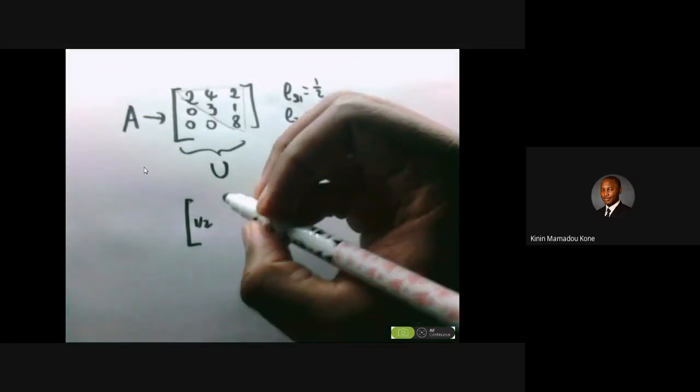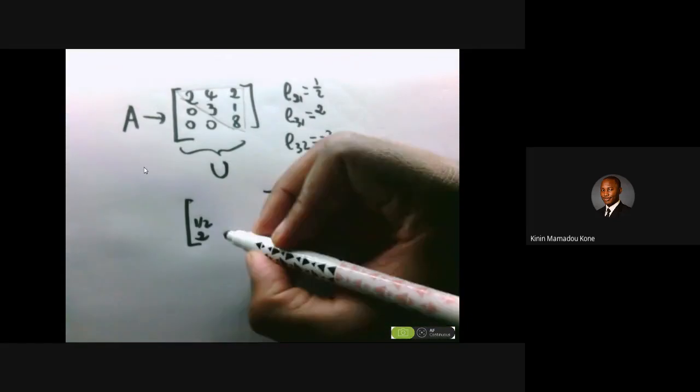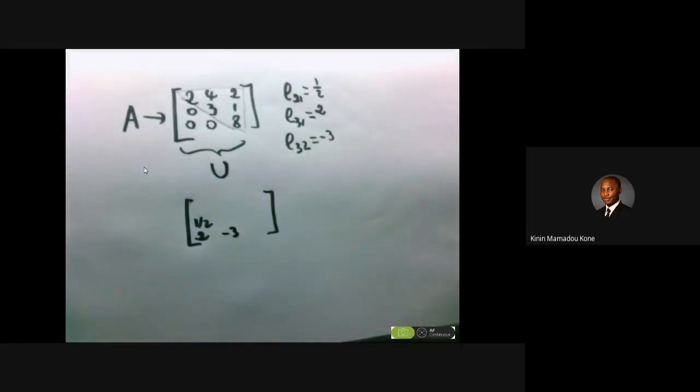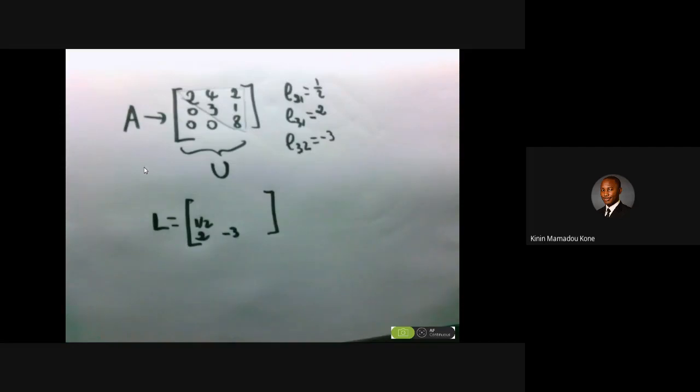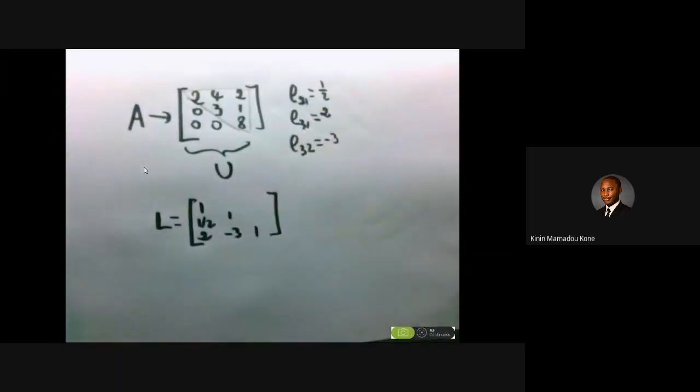and in L32 I'll put negative 3. I'll call that matrix L. And then in that matrix, I will make all the diagonal entries 1. In the diagonal, I'm going to write 1, 1, 1, and every other entry is going to be 0.